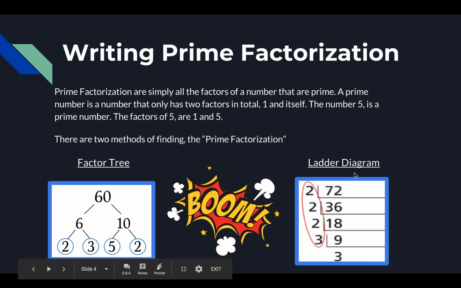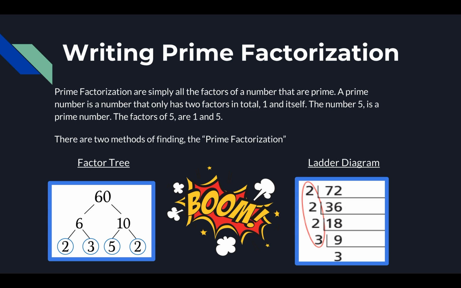Ladder diagram. This is the second method, and hopefully this looks familiar to you. In this method, you keep dividing by a prime number. The number that goes here has to be a prime number, or else the method won't work. That's the most important note.